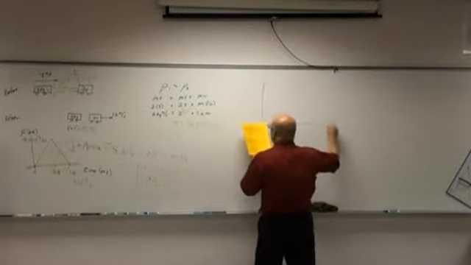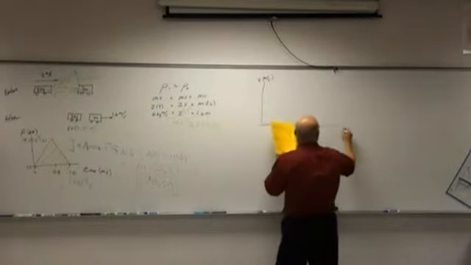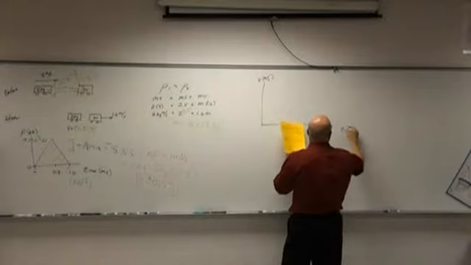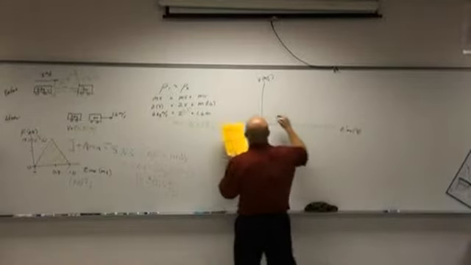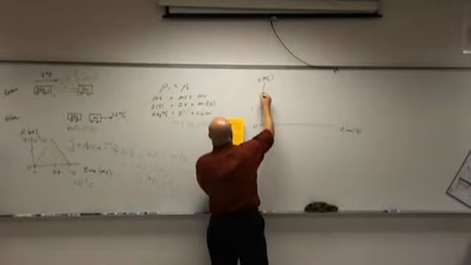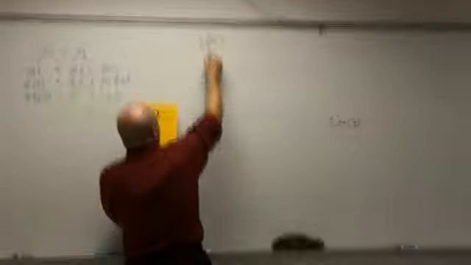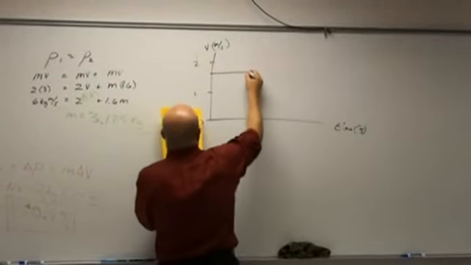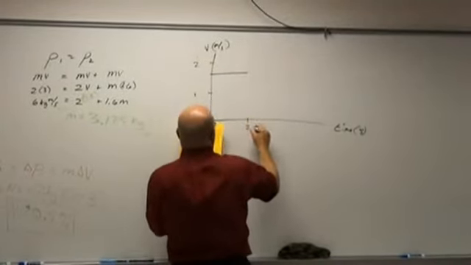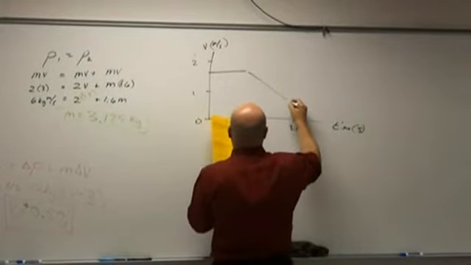Here's the graph they give you: velocity in meters per second versus time in seconds. It looks like this, 0, 1, and it starts right here. What's the value that it starts at? 1.6. Did I get in the way?